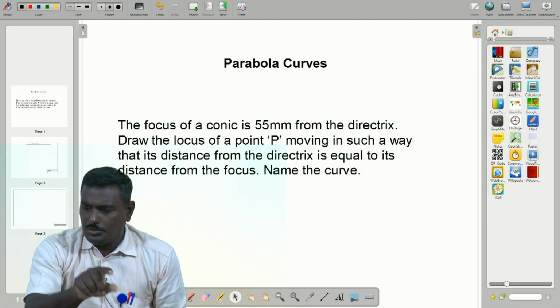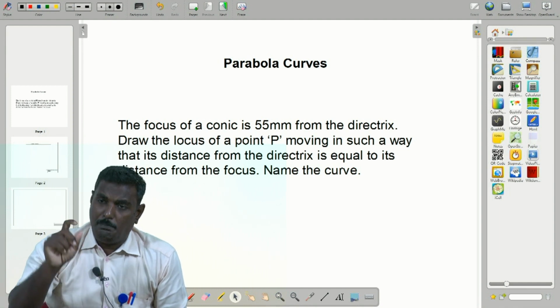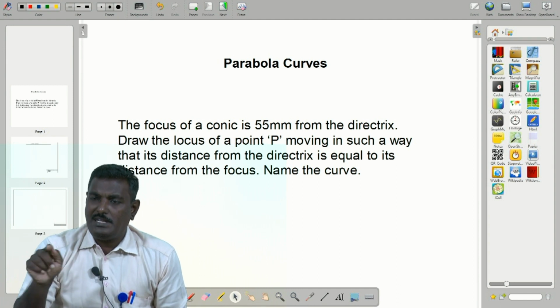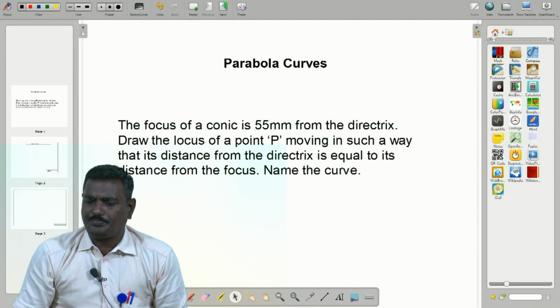While you go through this problem, the locus of a point P moves in such a way that its distance from the directrix is equal to its distance from the focus.